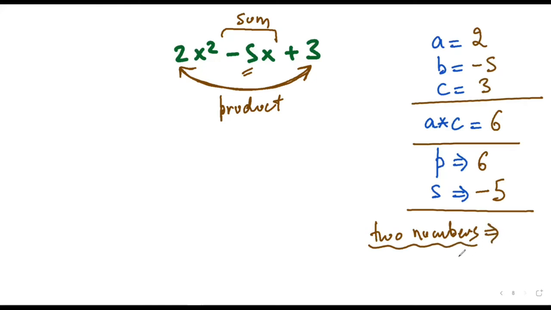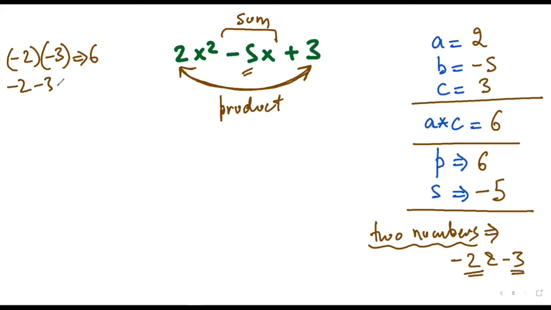The two numbers would be minus 2 and minus 3. Why minus 2 and minus 3? Let us try to understand the logic. Minus 2 into minus 3 would be 6 and minus 2 minus 3 would be minus 5. So Sarthak, are we clear? Yes, sir.